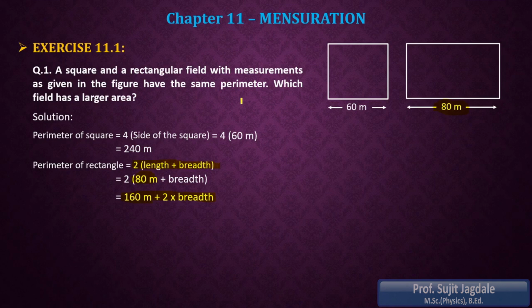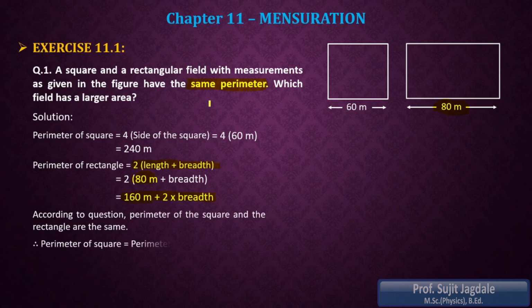Now according to the given question, the condition is that the perimeter is the same. As the perimeters are the same, we can write the statement: perimeter of the square is equal to perimeter of the rectangle. The perimeter of the square is 240 meter, and the perimeter of the rectangle is 160 meter plus 2 times breadth.